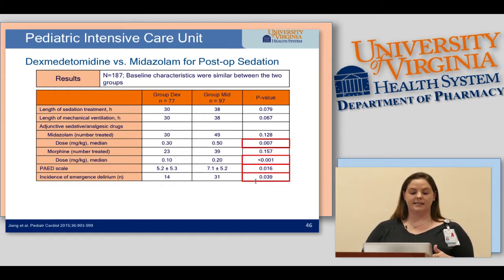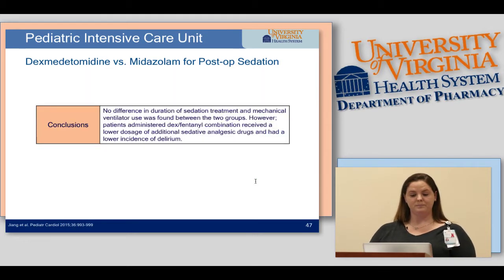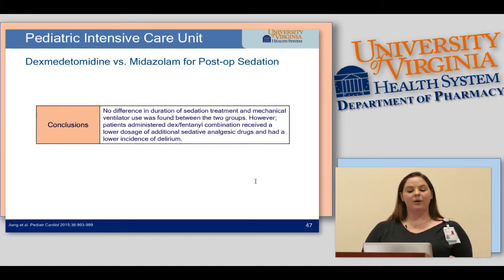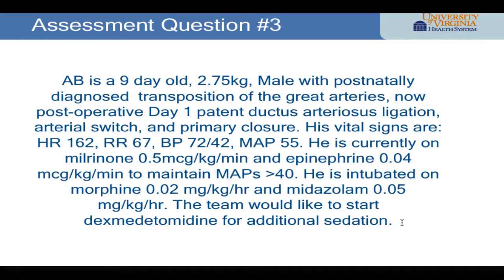And the incidence of emergence delirium occurred more in the midazolam group compared with the dexmedetomidine group. So there was no difference in the duration of sedation treatment and mechanical ventilatory use between the two groups. However, patients administered the dexmedetomidine and fentanyl combination received a lower dosage of additional sedative analgesic drugs and had a lower incidence of delirium.